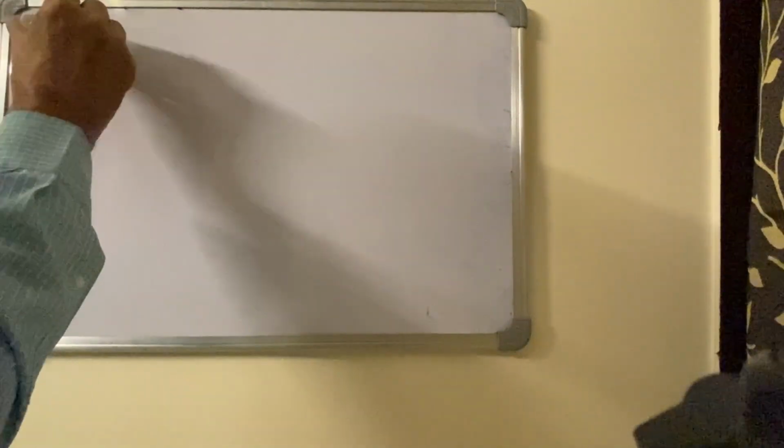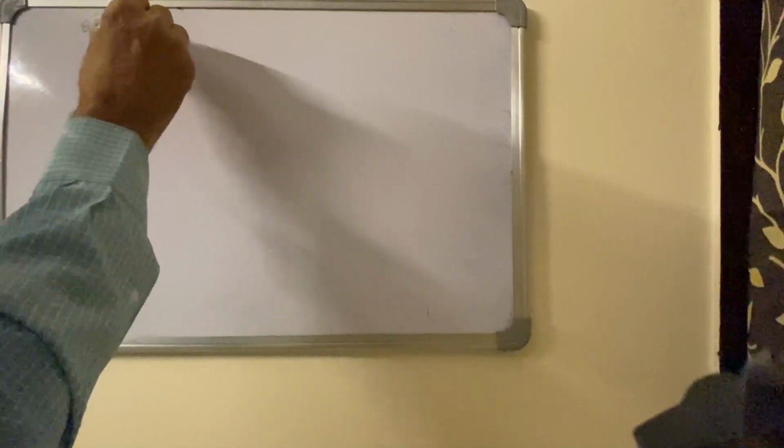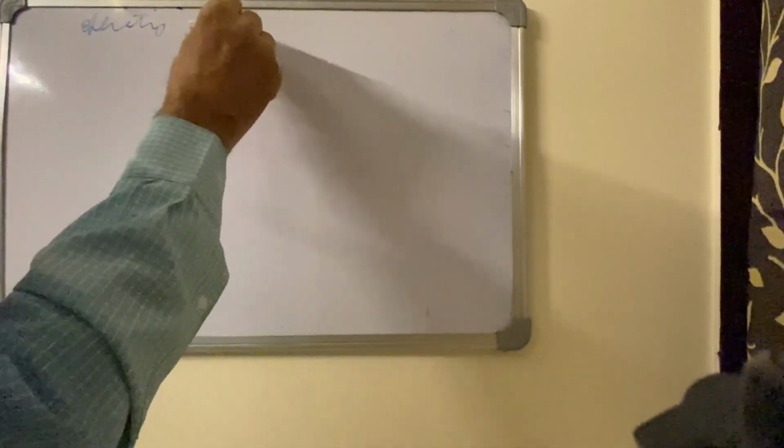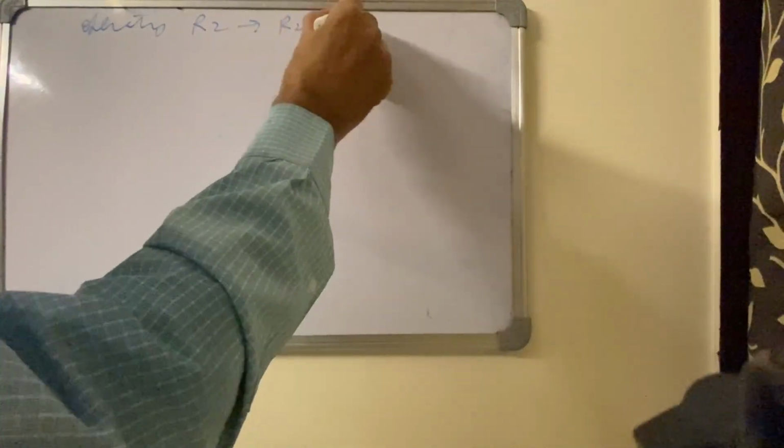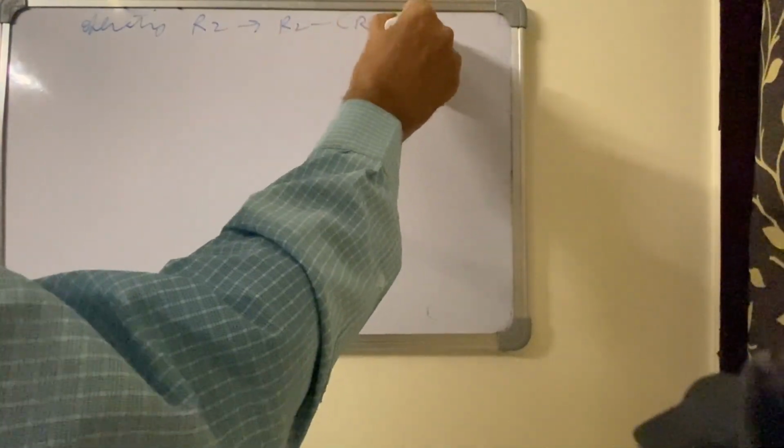Then operating R2 is equal to R2 minus R1 plus R3.